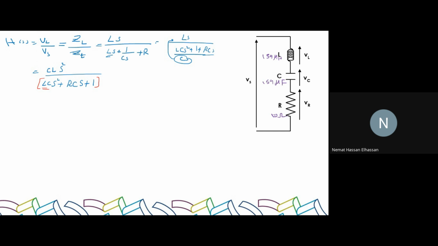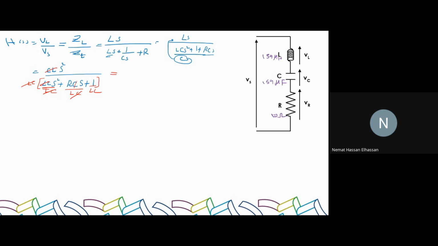To get rid of this LC, I will multiply by LC and divide each term by LC. Okay? These two cancel each other out. These two cancel each other out. The C and the C cancel each other out.